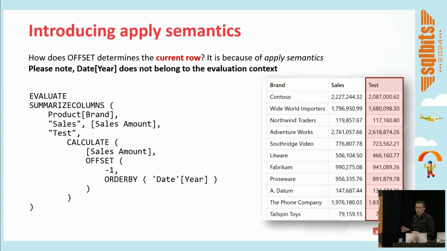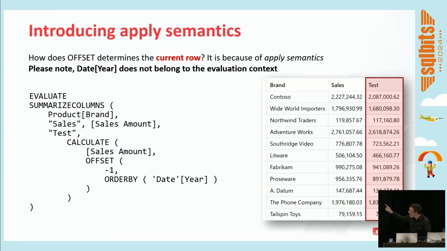If I write the code that you see at this point, I simply removed date year from the visual. And by removing date year from the visual, instead of getting an error, we get a result, we get a number, which is also predictable.